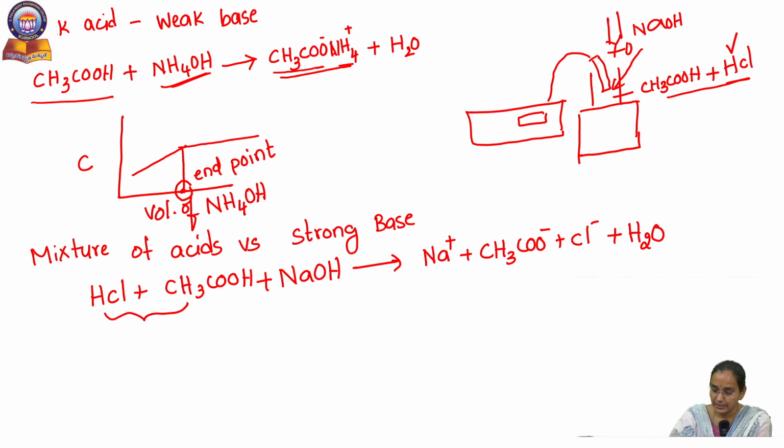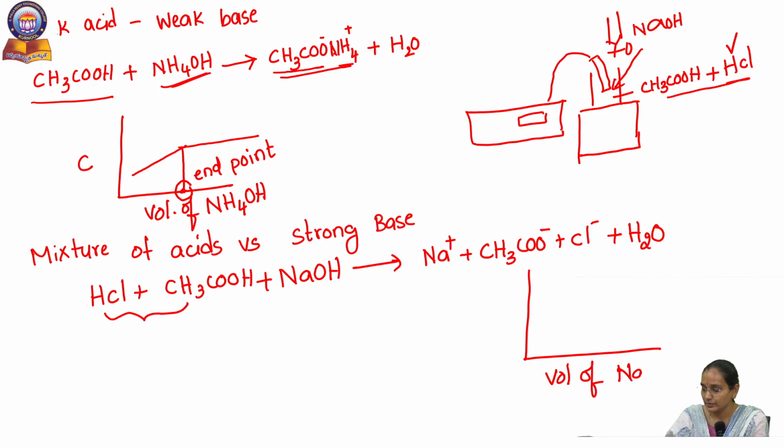So if we plot a graph between volume of NaOH versus conductance, sodium hydroxide neutralizes the HCl first. So if we add sodium hydroxide to HCl, initially the number of ions decreases, fast moving H plus ions decrease, so conductance decreases rapidly. And after neutralization of HCl, acetic acid is going to neutralize with sodium hydroxide.